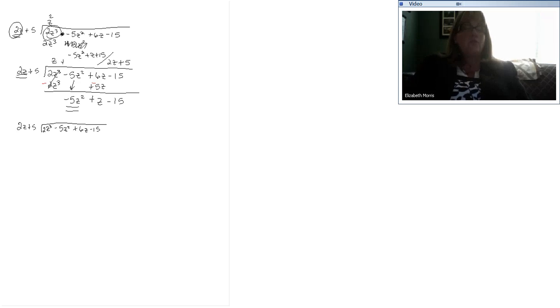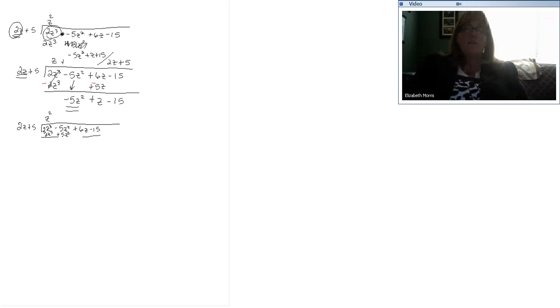Okay, 2z into 2z cubed, you need z squared. Z squared times 2z is 2z cubed, and z squared times 5 is 5z squared. See, it lines up. Now, we are subtracting, so we're going to change the signs. All right, what do we get? That cancels out.